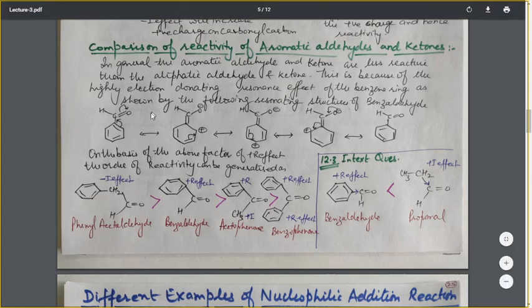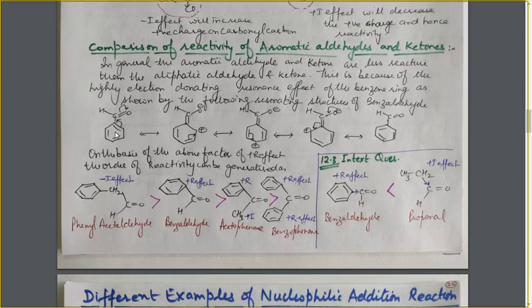Now, in the case of aromatic aldehydes and ketones, this carbonyl carbon is attached to the benzene ring, and the benzene ring here has the plus R effect.